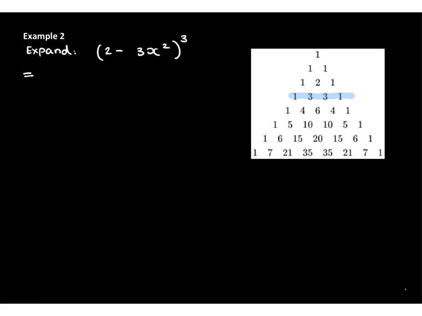So let's have a look at how we're going to do this. The first binomial coefficient from Pascal's triangle is 1. Now in my expansion, I have here a 2, and then I must remember that this is not just 3x squared, it's minus 3x squared, and I've got to make sure I keep that negative sign involved as I take each of the powers.